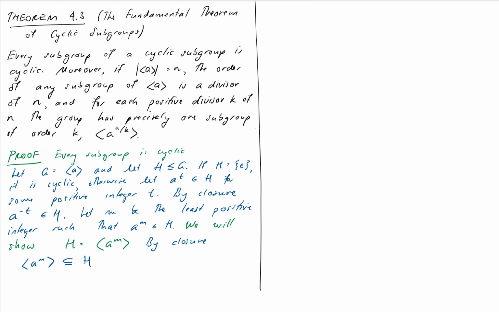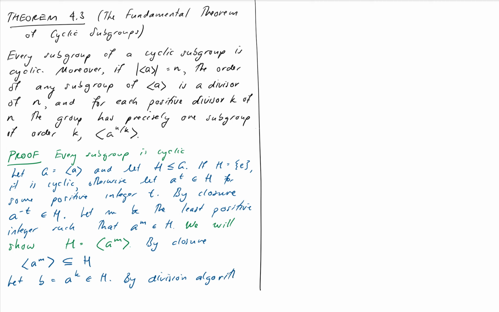Okay, so let b be some other member of H. I want to show that b must be included in the cyclic subgroup generated by a^m. Now, I'm going to use the division algorithm again, because we know that m is the smallest integer such that something happens.